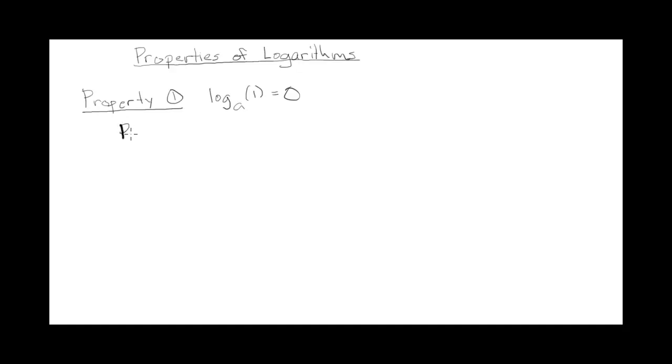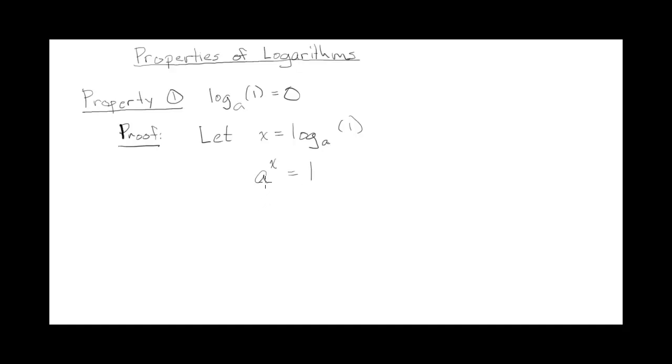So the proof of this, if you let x equal to log base a of 1, and then if you write in exponential form, that would be a to the power of x equals 1.